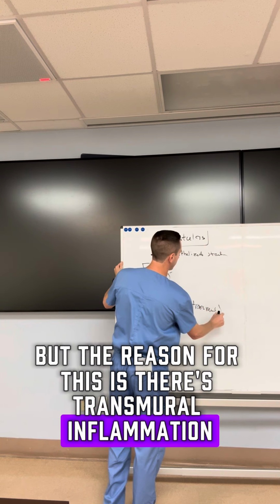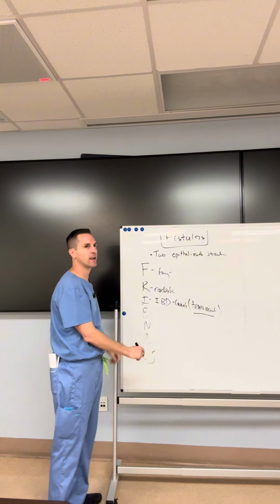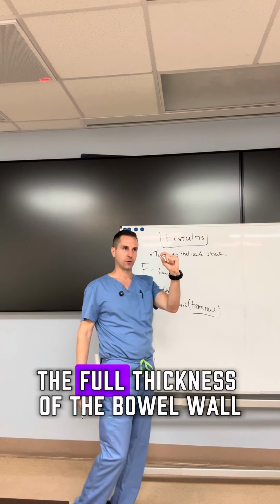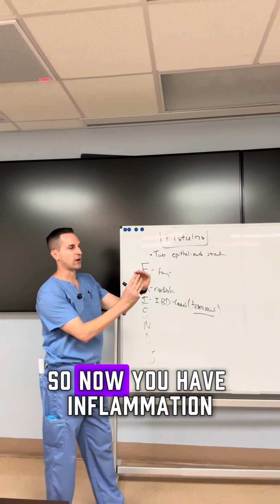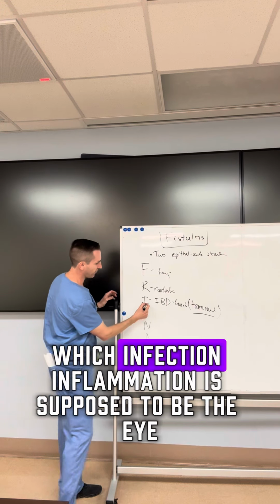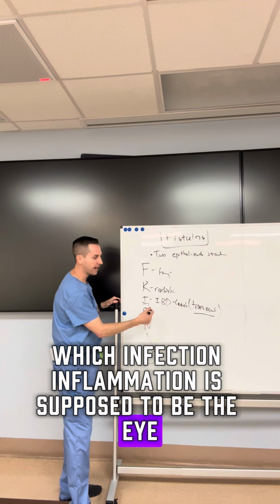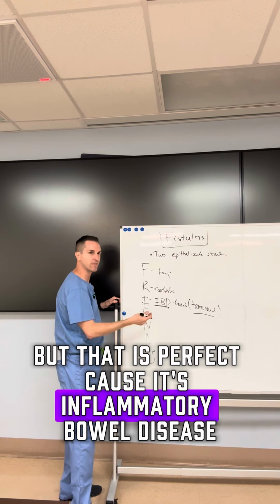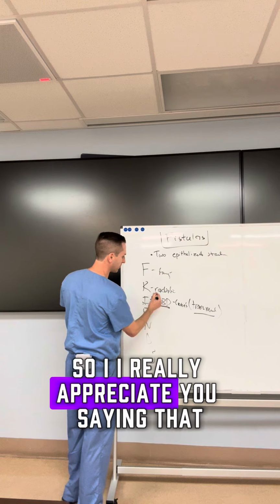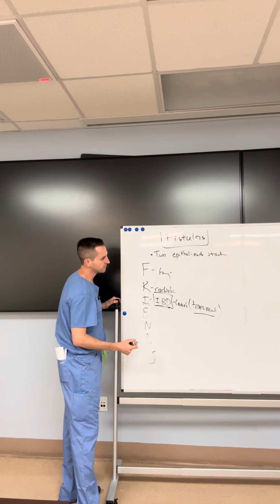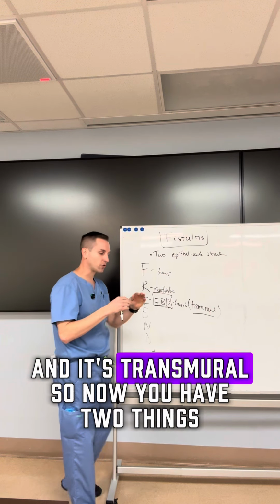What does transmural mean? It goes through all the layers, the full thickness of the bowel wall. So now you have inflammation, which is the I, and it's transmural. So now you have two things.